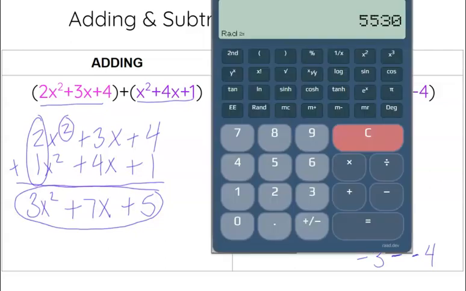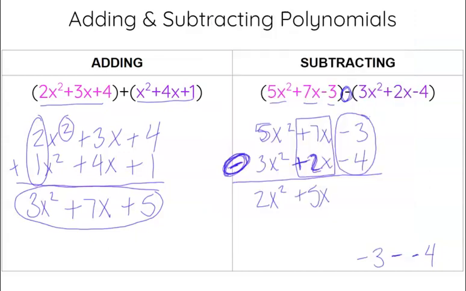If we take our calculator out and go negative 3 minus negative 4, we get the answer of positive 1. Since my answer is positive, I'm going to put a plus and then the number 1. So that is adding and subtracting polynomials.